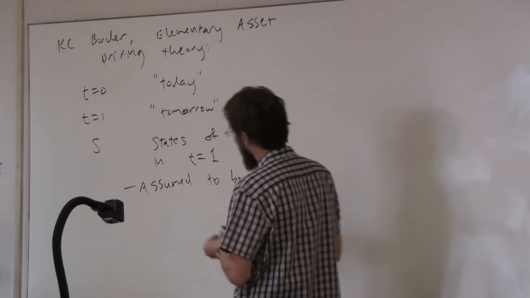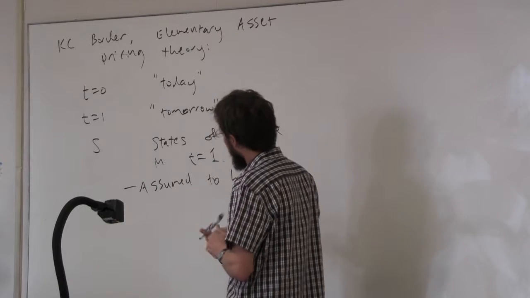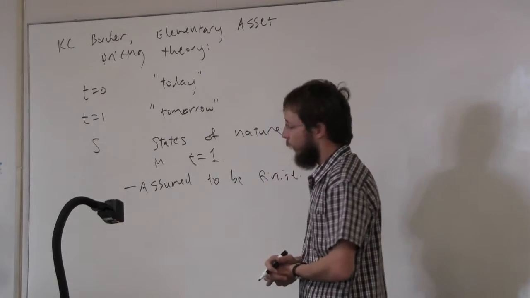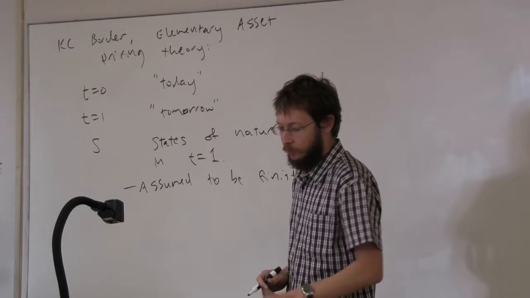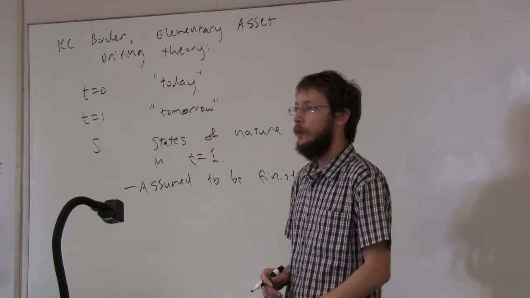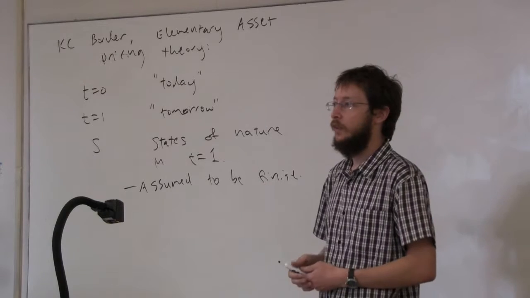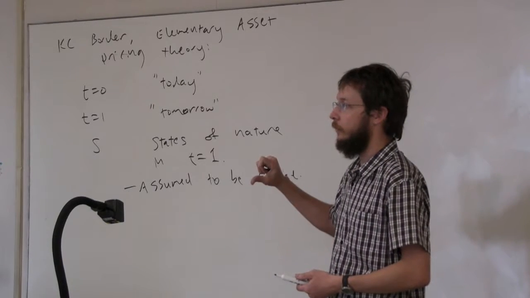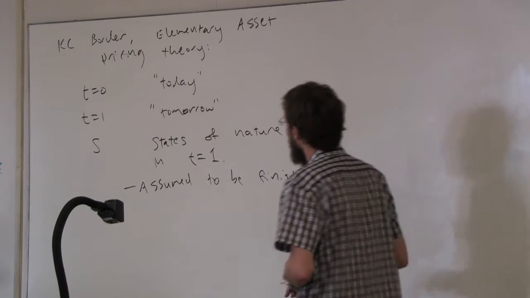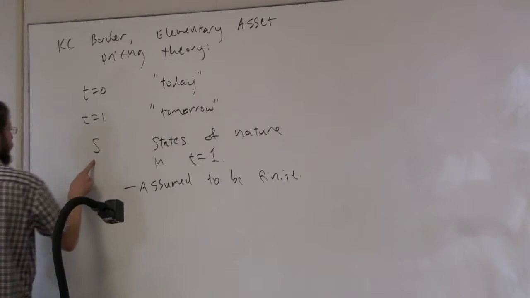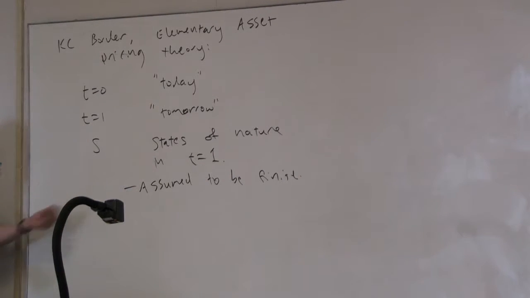And in a lot of models, you can actually still use this, but with just a few possible outcomes. So the binomial tree model is a good example where you have essentially two different states of nature. You have an upstate and a downstate, right? So it doesn't have to be some gigantic set, but if you wanted to apply it to something like oil futures or whatever, your state space is going to be ginormous.